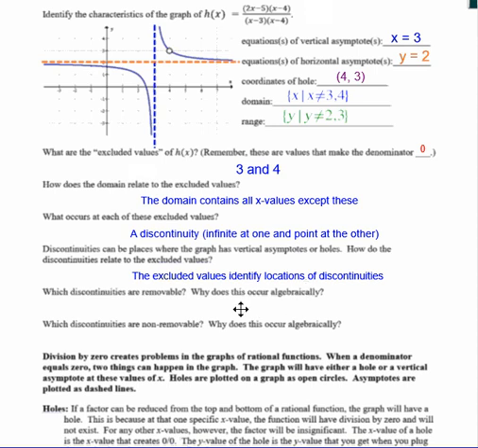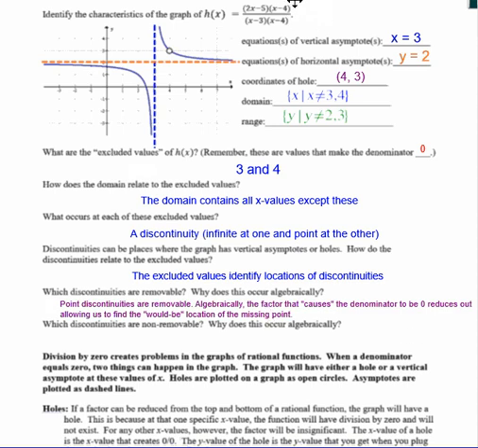Remember that removable discontinuities are the ones that are called point discontinuities. And if we look at where they happen when we look at our equation, we'll see that that happens at the factor that would in fact be able to algebraically reduce out, and that is what causes the hole. So it is the factor that could reduce out that causes the location for a removable or point discontinuity.